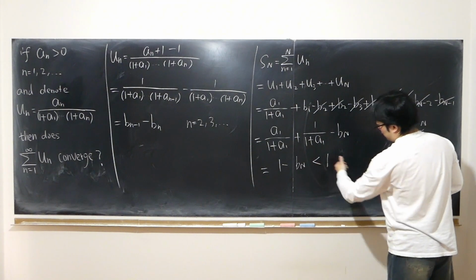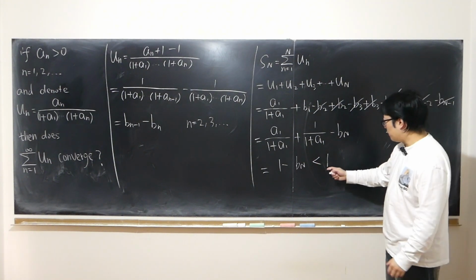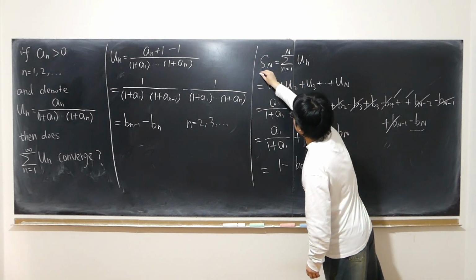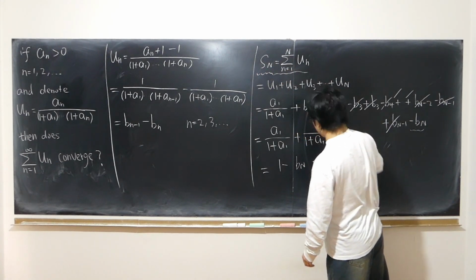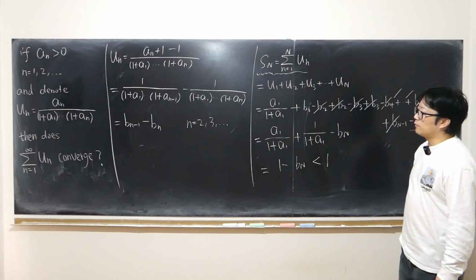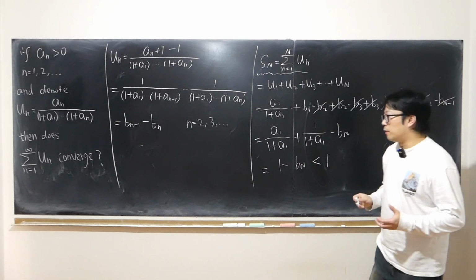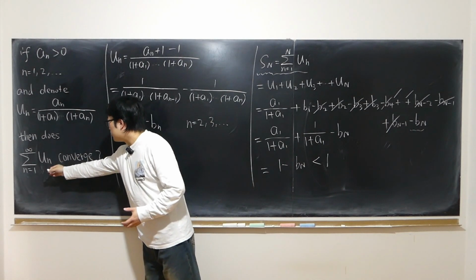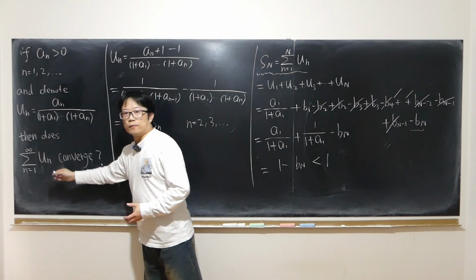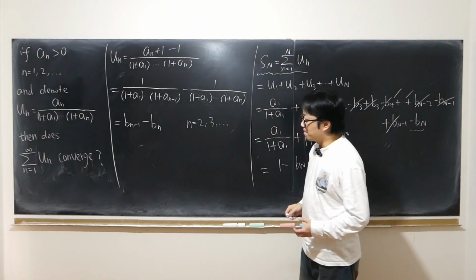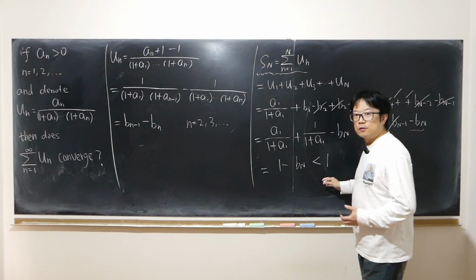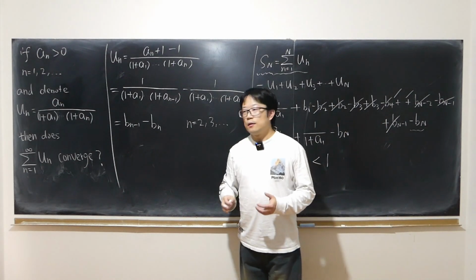It's bounded above by 1, meaning our finite series is bounded above by 1. Remember, every u_n is positive, so it's a positive series and it's bounded above. So of course, definitely it's convergent.